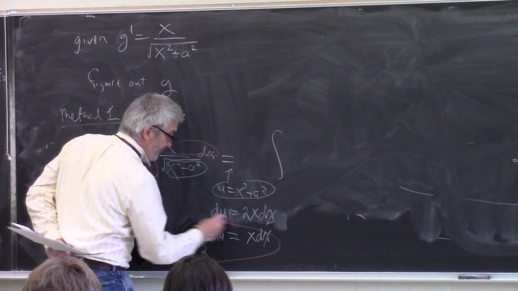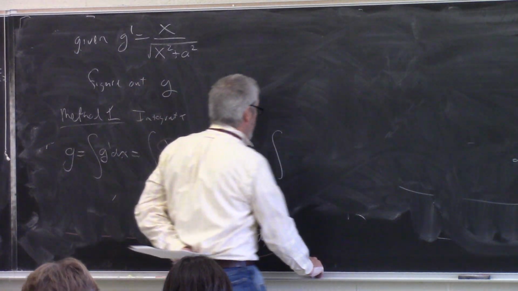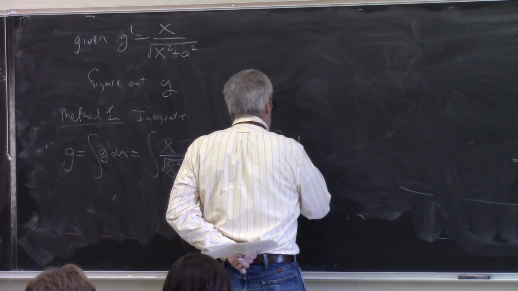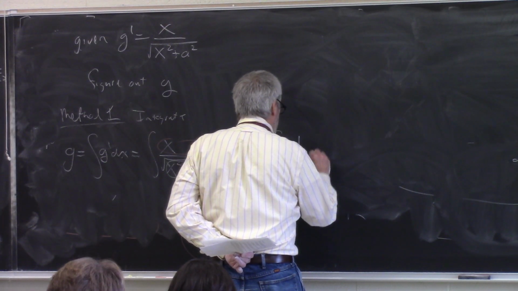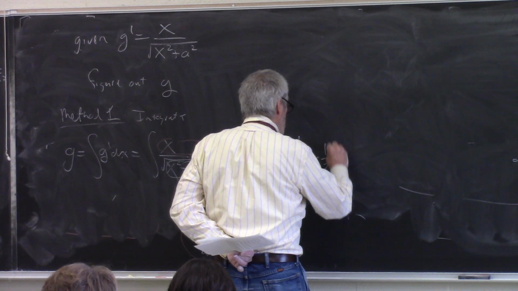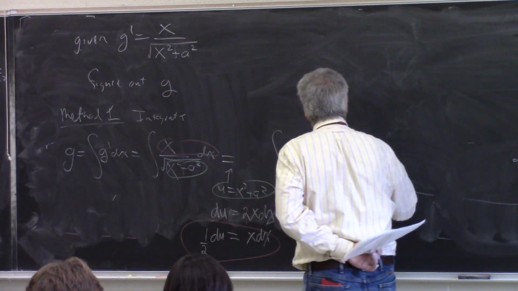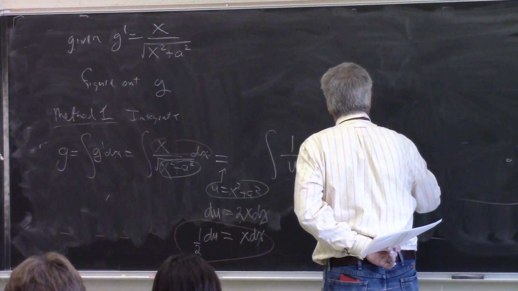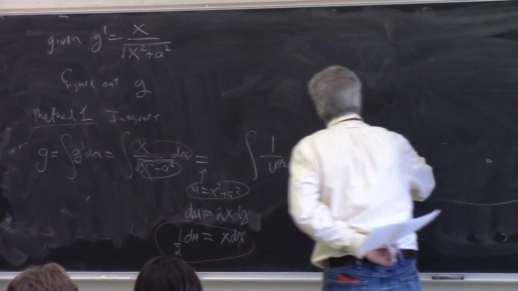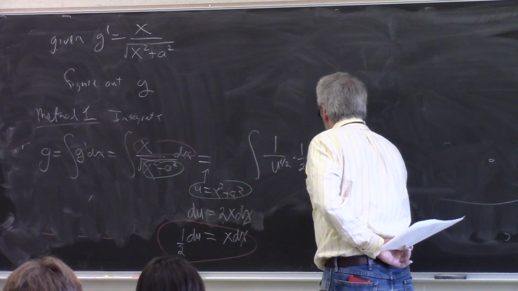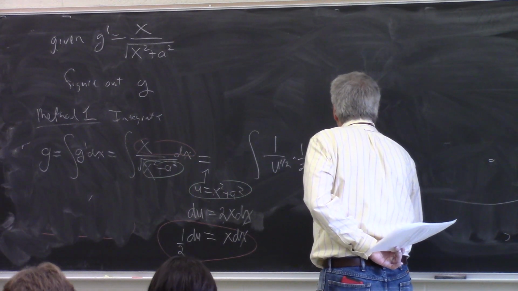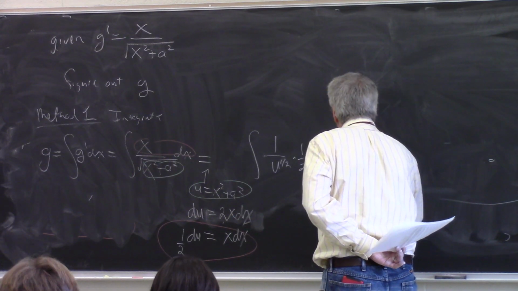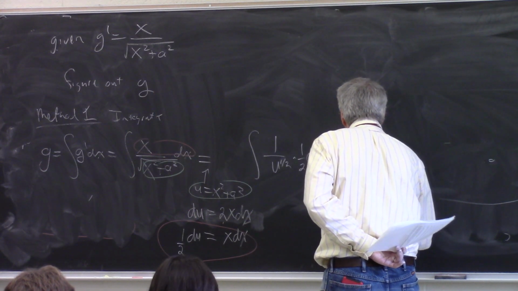That's 1/2 du. So I end up with the integral of 1 over u to the 1/2 times 1/2 du. So that's 1/2 the integral of u to the minus 1/2. So that's going to be 1/2 u to the minus 1/2 plus 1 over minus 1/2 plus 1.